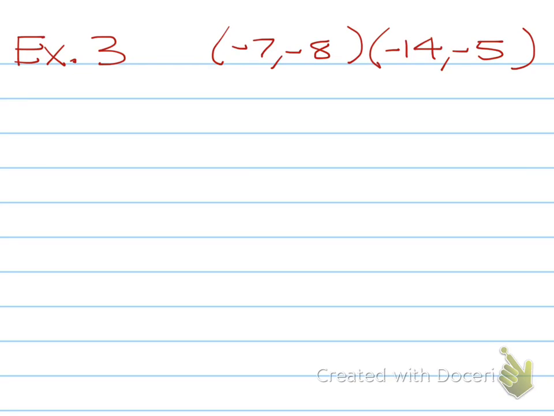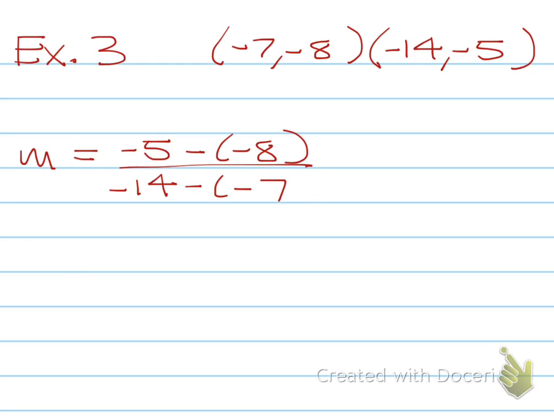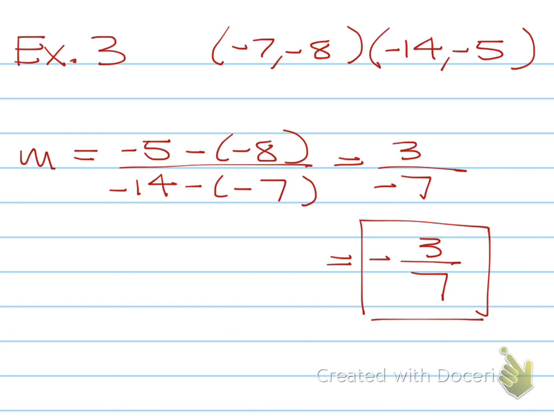So if we're given these 2 points, we're going to take the second y coordinate, which is negative 5, minus the first y coordinate, negative 8, over the second x coordinate, negative 14, minus the first x coordinate, negative 7. Negative 5 minus negative 8 is 3. Negative 14 minus negative 7 is negative 7. And so our slope for that line is going to be negative 3 over 7.